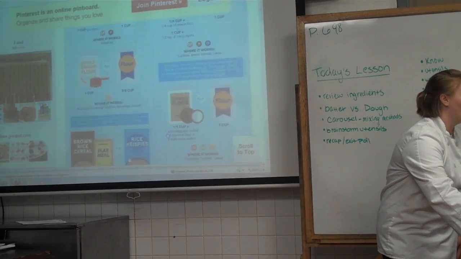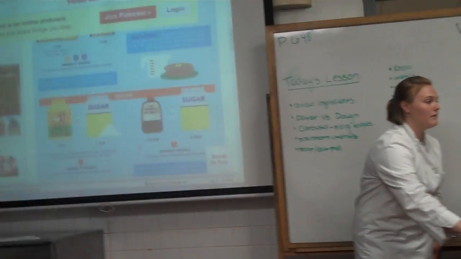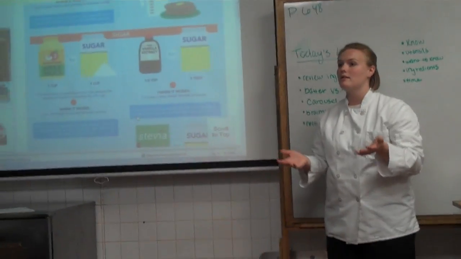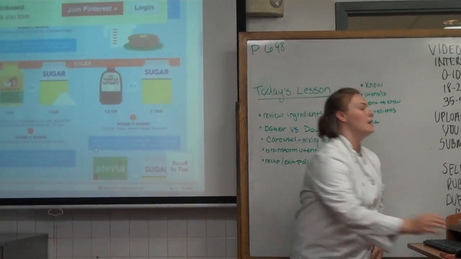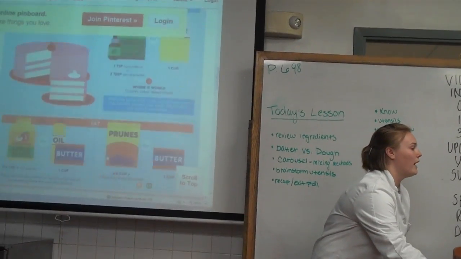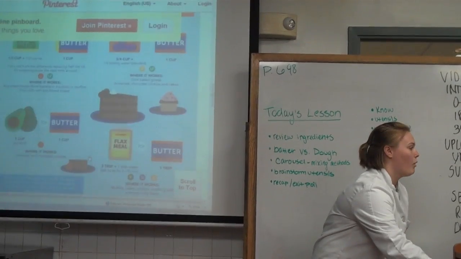So I'm going to email this to you at the end of the lesson so that you guys all have it and you can all use it and practice at home with substituting ingredients. So this goes all the way down through flours, sugars, some oils, butter, so all of our fats.